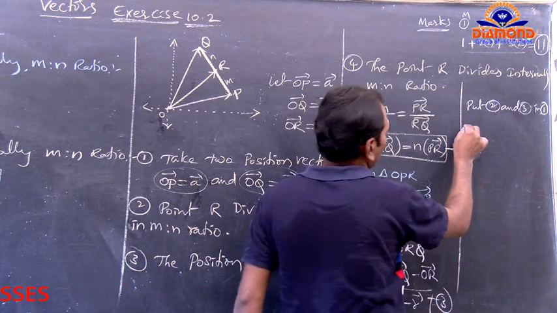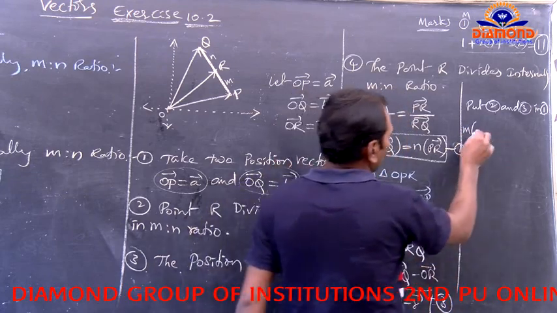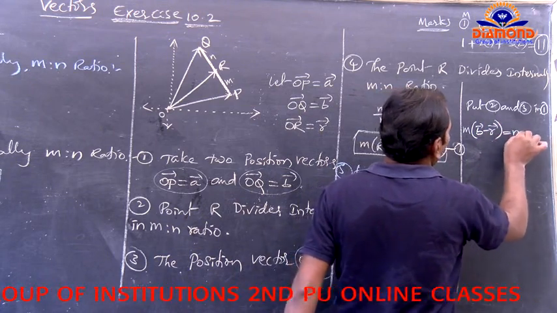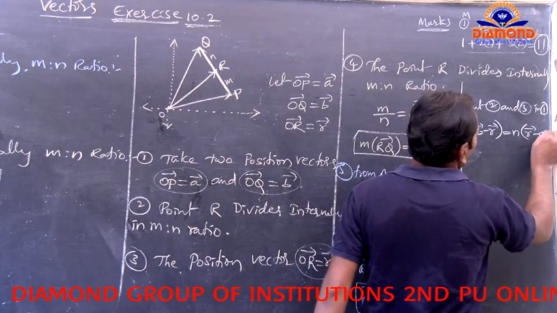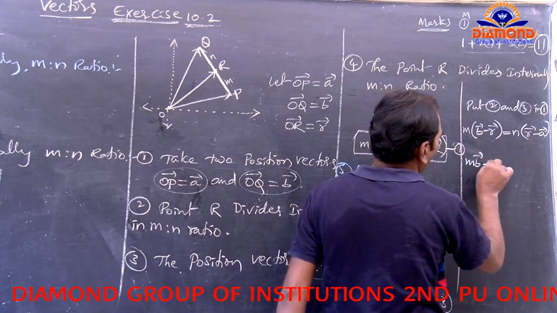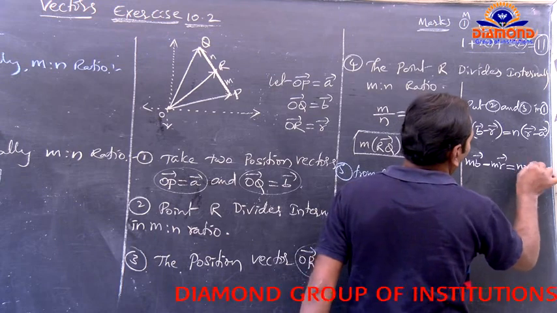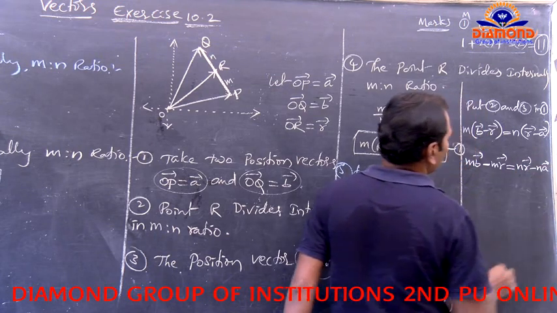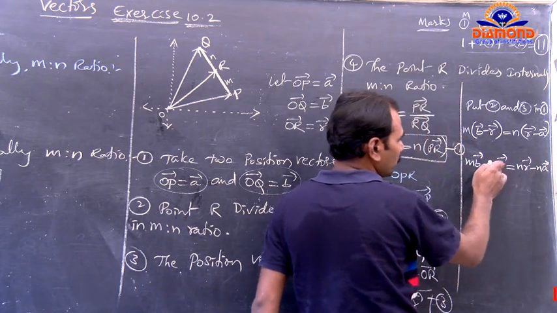So what do you get? M into (B bar minus R bar) equals N into (R bar minus A bar). M B bar minus M R bar equals N R bar minus N A bar. The minus term take to this side, and this minus term take to that side.